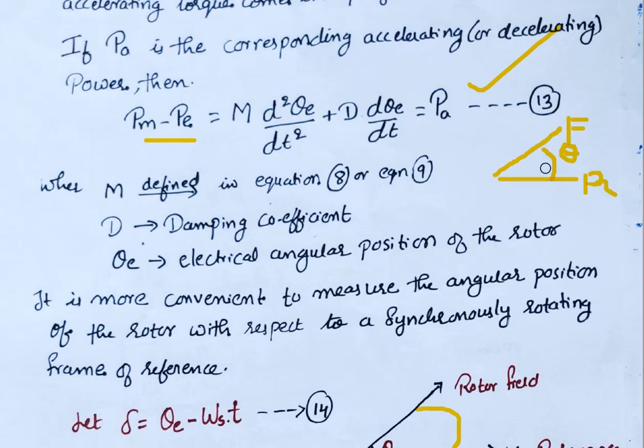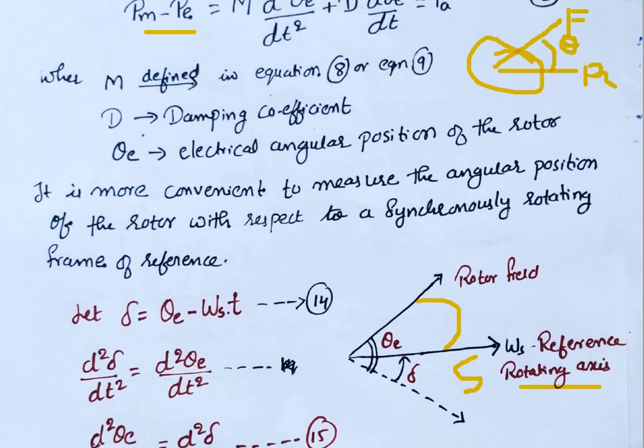If I keep R constant, the rotor field will continuously rotate 360 degrees. When it comes to here, that is one cycle, and it again continues rotating. Now we cannot judge exactly where the synchronous speed is.